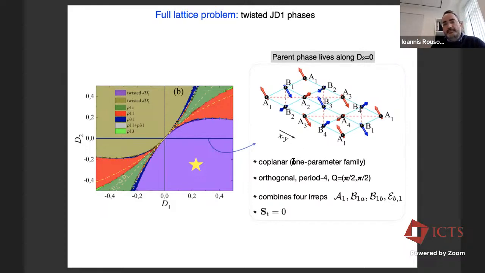It's actually a one-parameter family of ground states of that sort. The ordering wave vector is period 4, so it's pi half along the diagonal of the lattice. And that configuration is not just B1A as in the single tetrahedron case, but now it combines A1, B1, B, and one of the epsilon configurations as well.